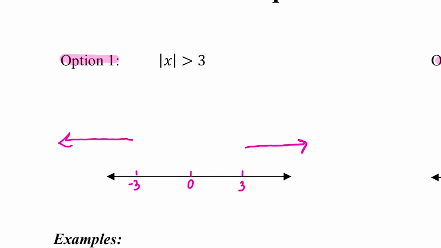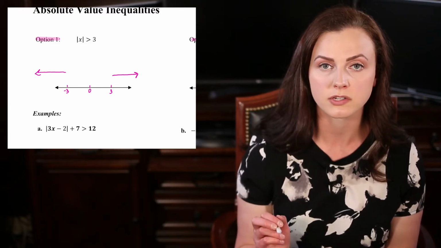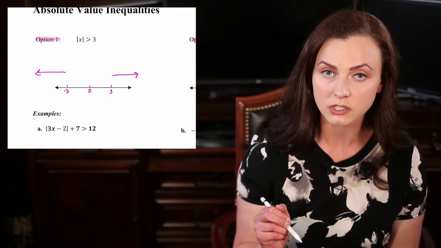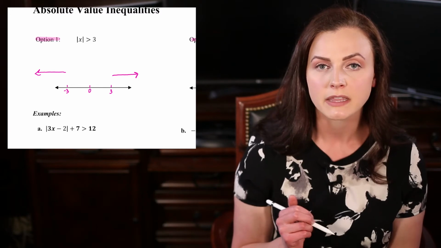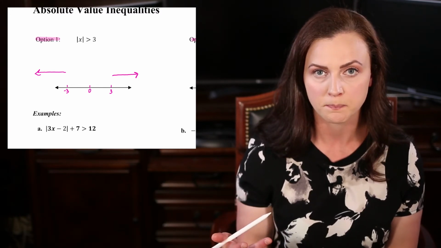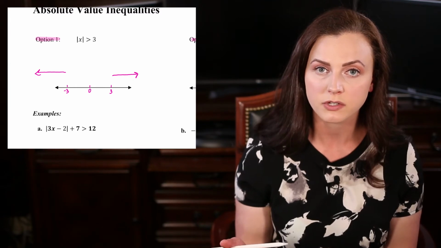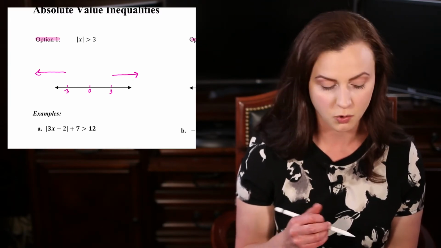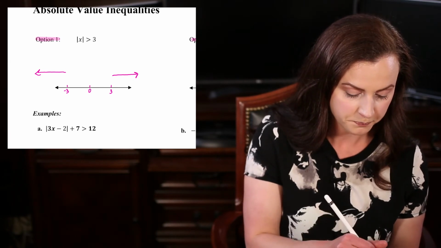And with inequalities, on a number line you'll have an open or a closed circle. If you have a greater than or equal to or a less than or equal to, that's when your circle is closed because you are including that number. If you do not have the equal to, then the circle will be open. So in this case, the circle would be open at both of these.